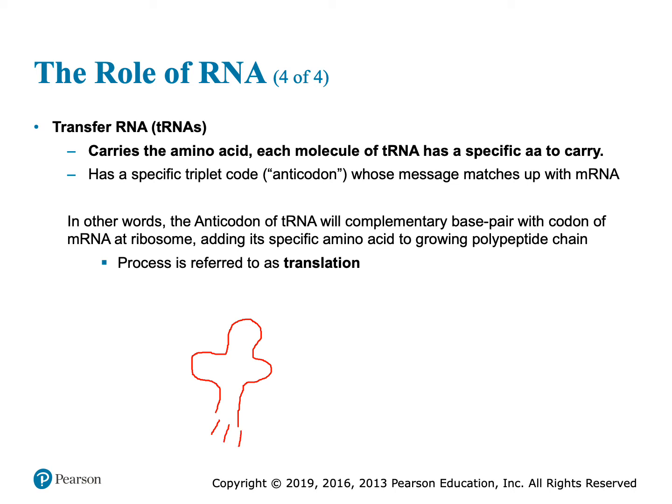So let's say here's the ribosome right here, and I've got my ticker tape of mRNA right here. And on this ticker tape, maybe I have a U, an A, and a C. Now he would have gotten that information from that mRNA, got that information from the DNA, right?